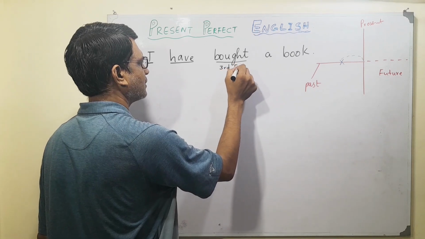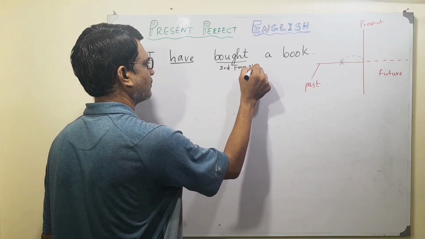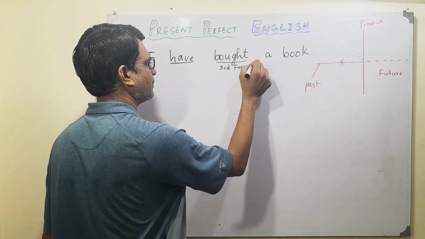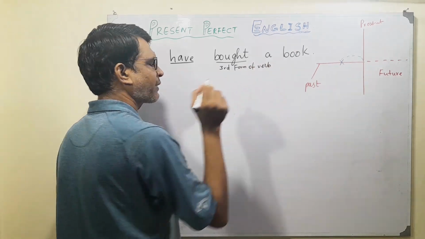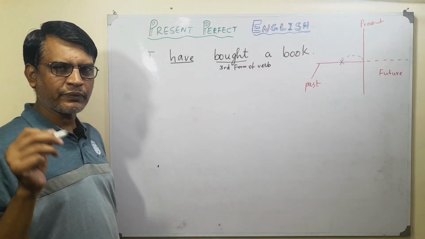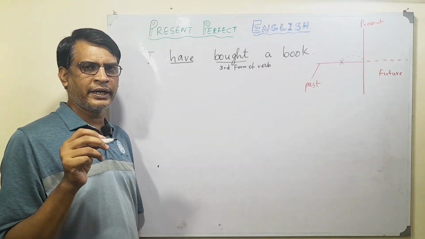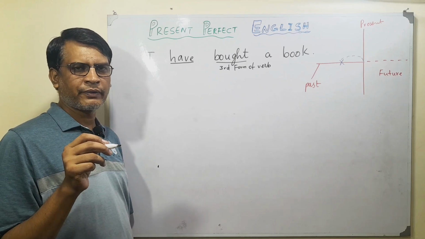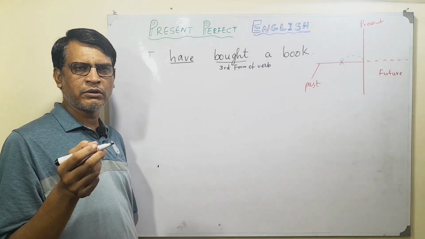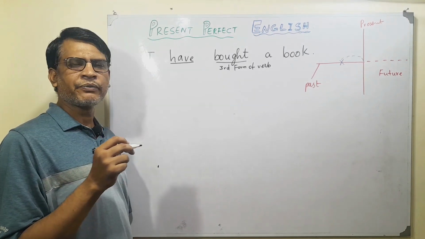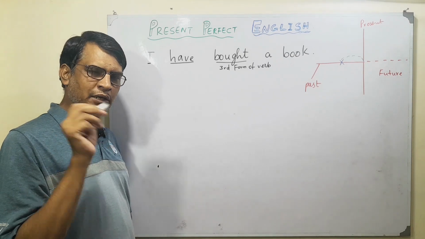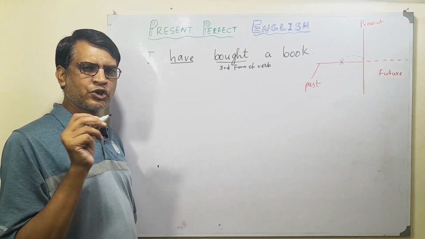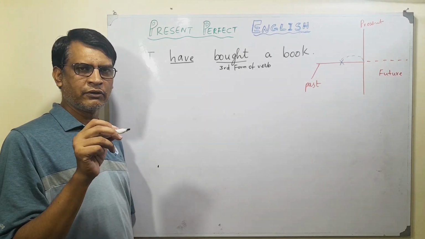That is third form of verb. So at this stage, you have to memorize the third form of verb. In the past, we talked about second form of verb, but here it's the third form of verb. Third form of verb changes for irregular verbs.